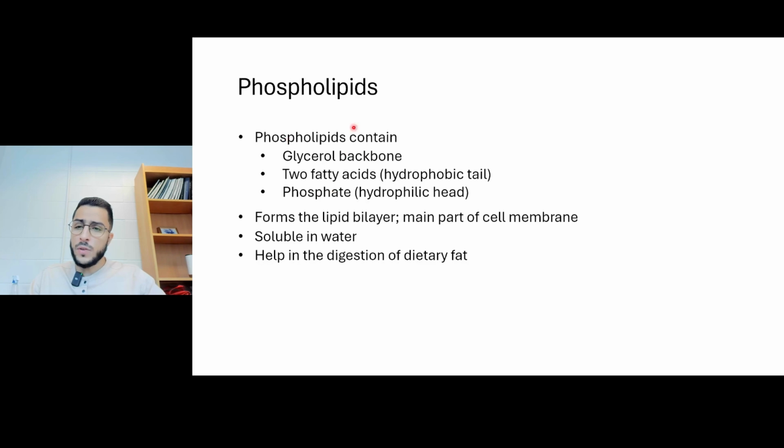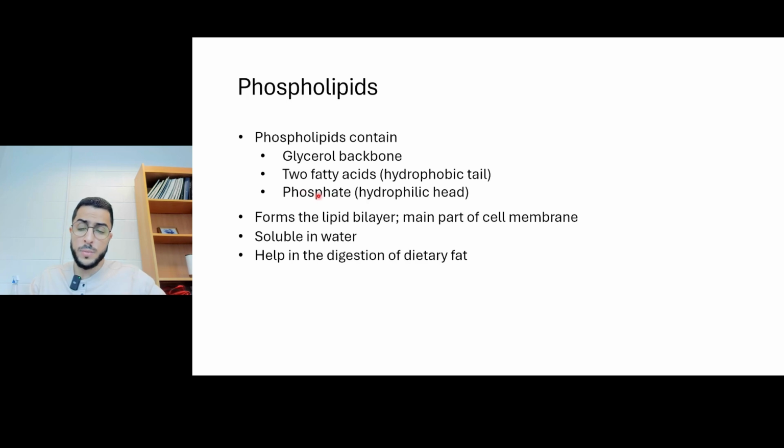So phospholipids have a somewhat different composition compared to the triacylglycerols. Phospholipids have a glycerol backbone. They have the two fatty acid chains. So this is somewhat similar to triacylglycerides, but in addition they have a phosphate group.